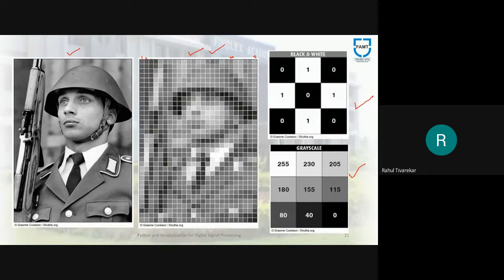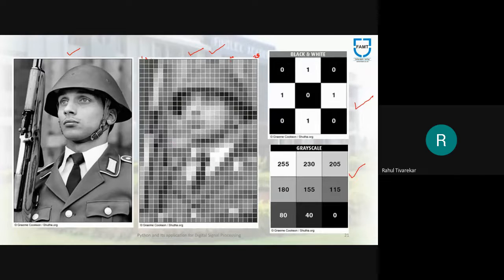So you can see we have used 25 pixels horizontally to represent that image, and vertically we have used some number of pixels. I'm not counting, but you can say there are X number of pixels we have used.